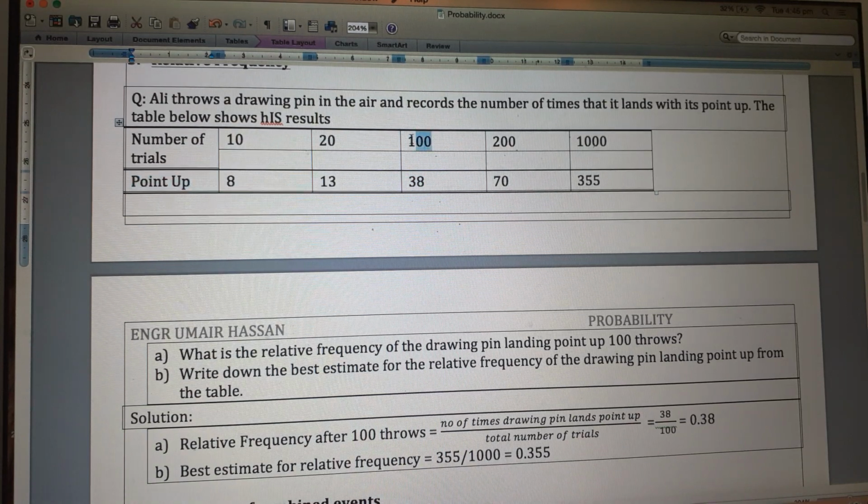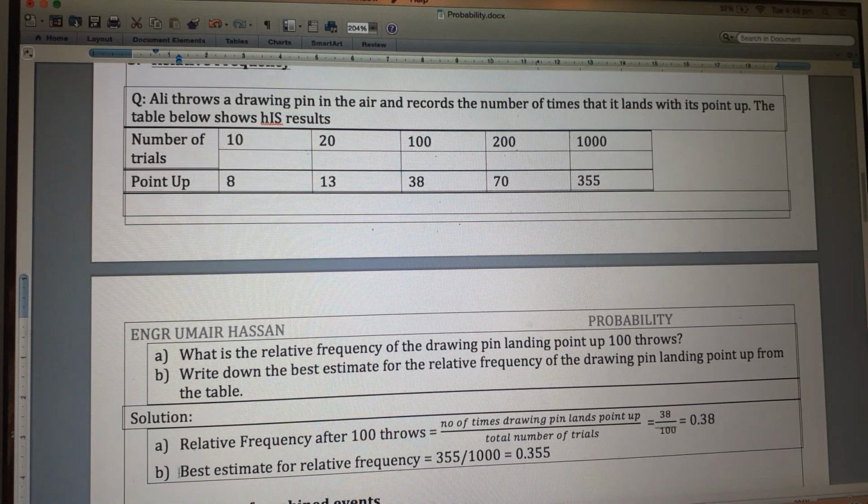And what is the total number of trials? That is 100. So 38 divided by 100 is 0.38. So this is basically the relative frequency after 100 throws.